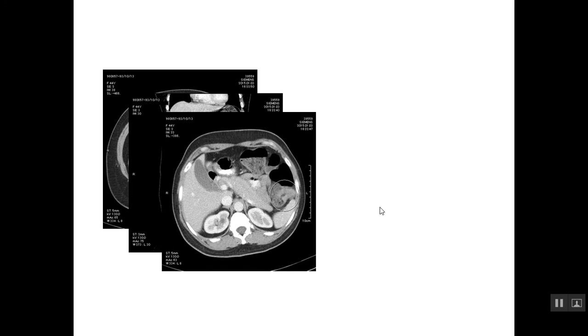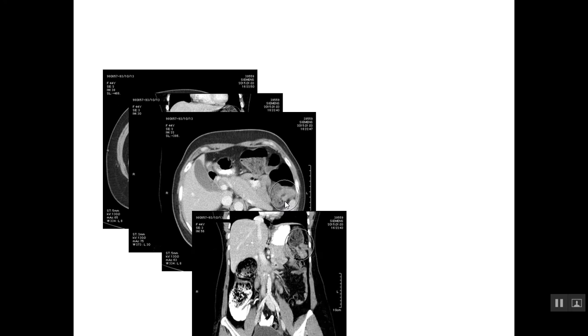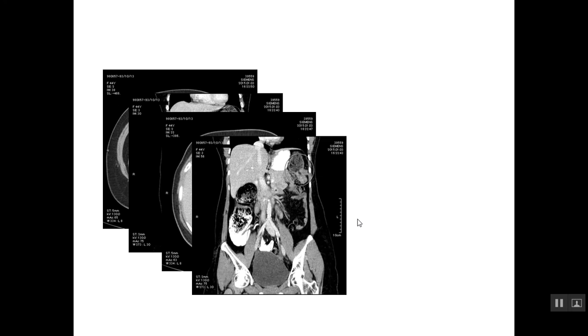On axial images, here in the circle you can see the point of obstruction in the splenic flexure, shown by irregular thickening of the bilateral sides of the splenic flexure. And here in the coronal view you can see it better than on axial images.